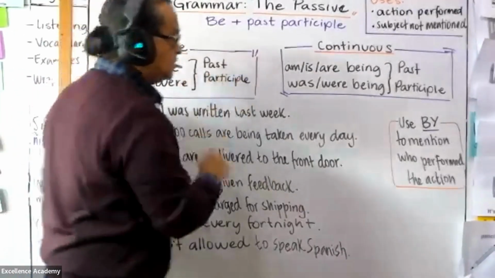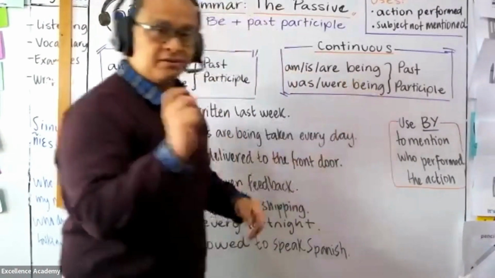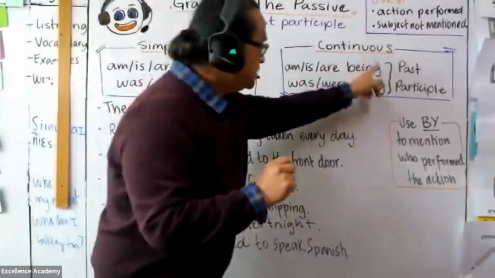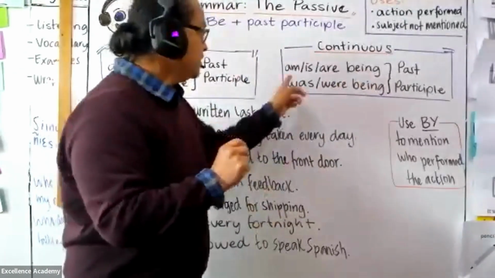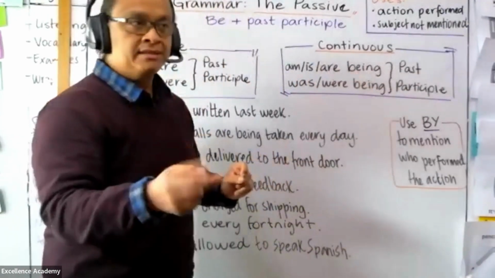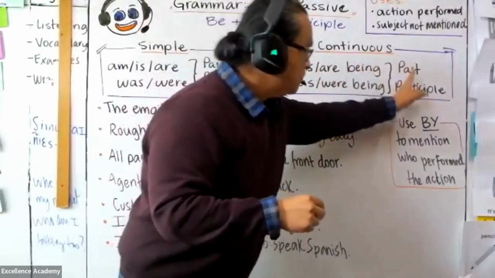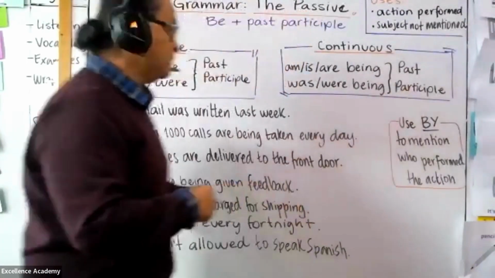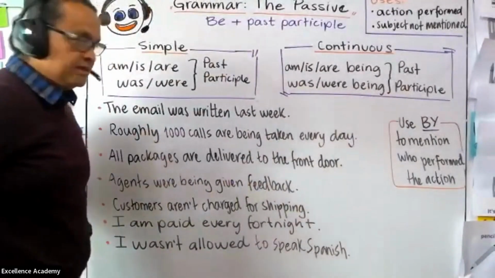In the continuous form, you're going to start again with the be verb, but it's going to look a little bit different since we'll be using the being form of the verb to be. So you're going to say am being, is being, are being in the present, and in the past, was being, were being, plus the past participle. Let's take a look at some examples for you guys to better see this, okay?